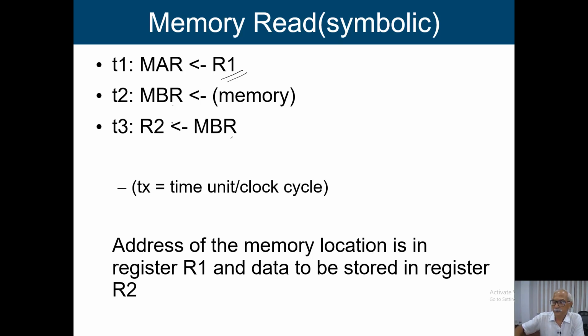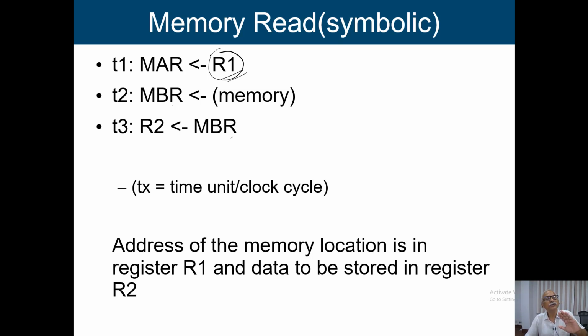That means we are getting the contents of a memory location and putting it into register R2. Now where am I going to get the address from? The address of my data is stored in register R1. That means this is register addressing, where the address comes from the register. We have already discussed addressing modes, so this is the register addressing mode.